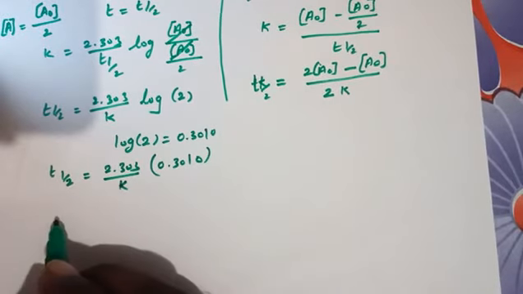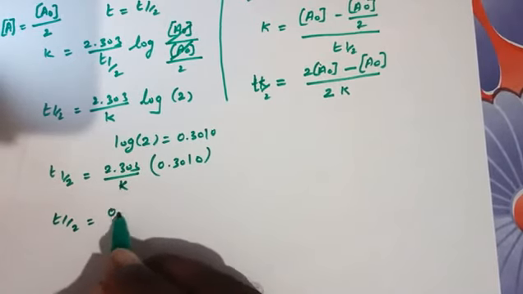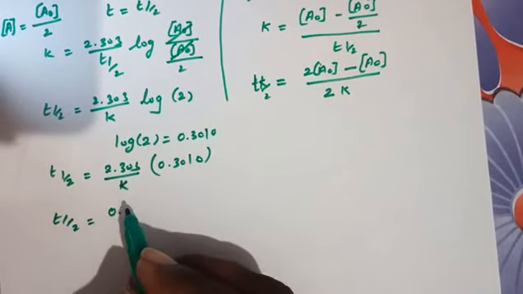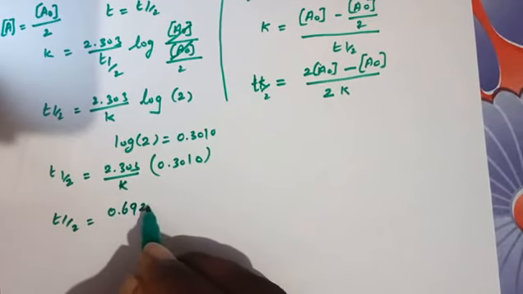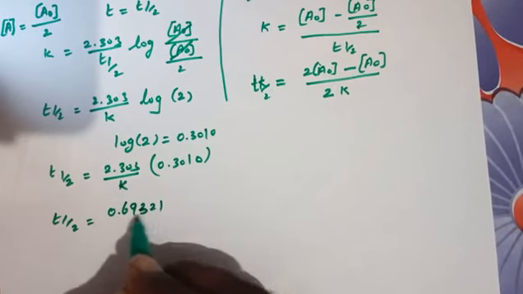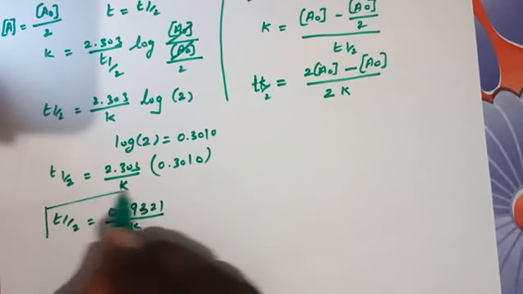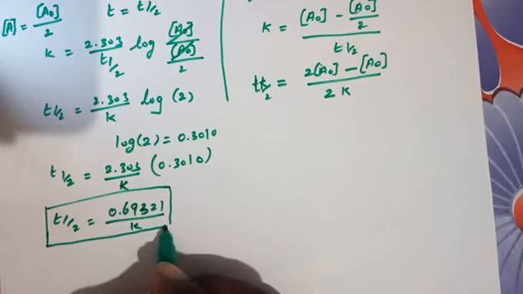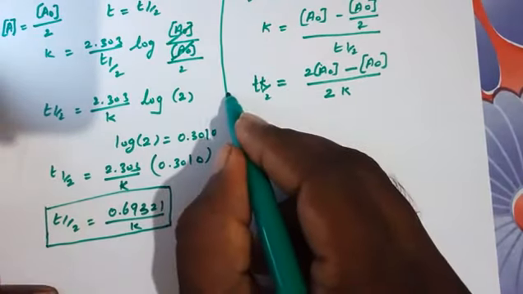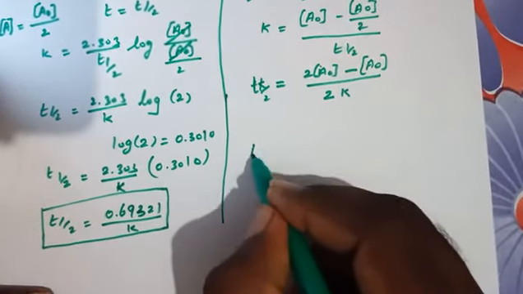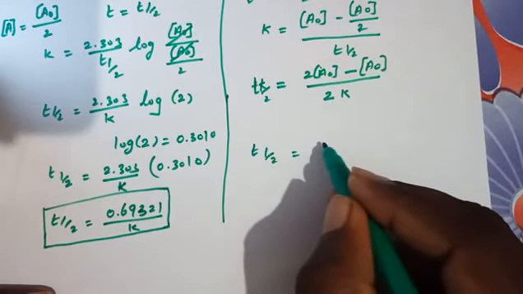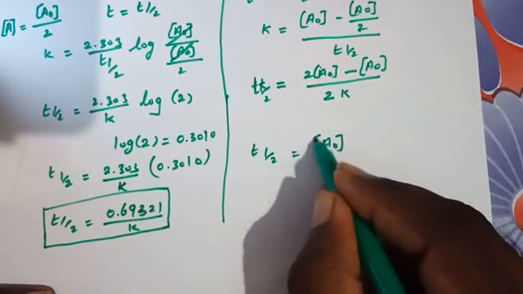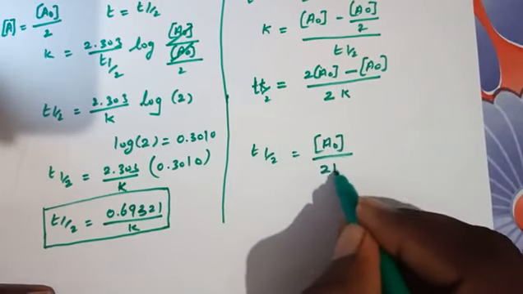Multiplying these two values, we get the t half value, which is equal to 0.693 divided by k. This is the t half value for a first order reaction. In the same way, for a zeroth order reaction, t half is equal to 2 A naught minus A, which is equal to A naught divided by 2k.